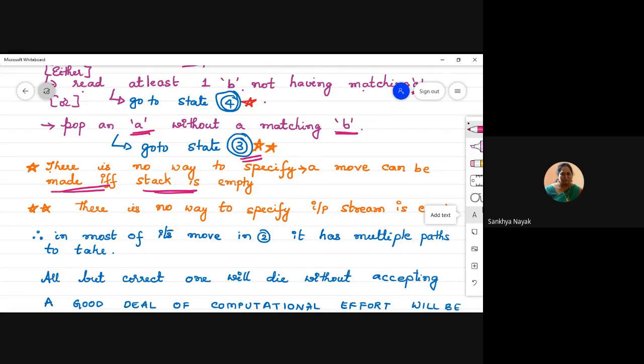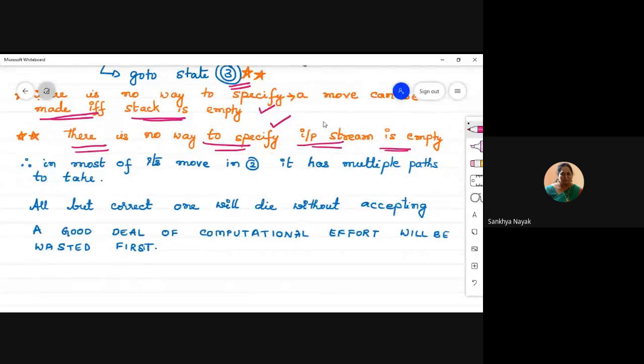Okay, and unfortunately, there is no way that we have learned to specify that input is empty. Input is empty means what? Something is there in the stack, but there is nothing as an input. So because of these 2 reasons, because we do not know how to specify a PDA transition for these 2, what happens is when you are in state 2, mostly you will be taking multiple paths.